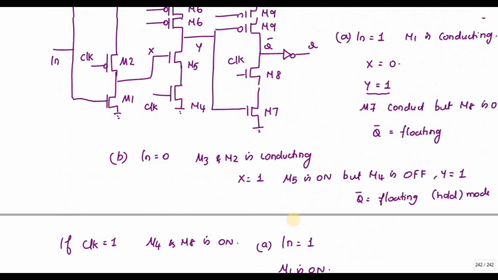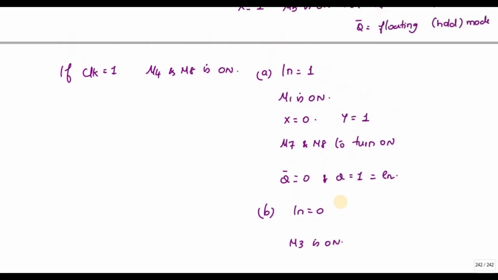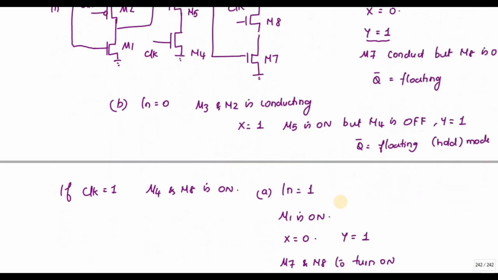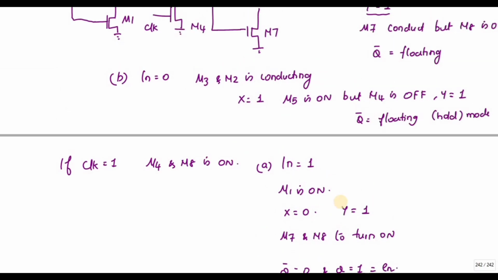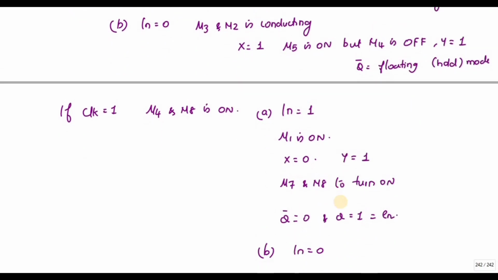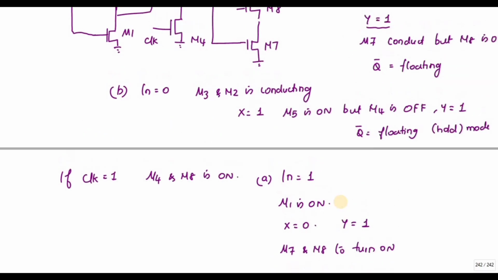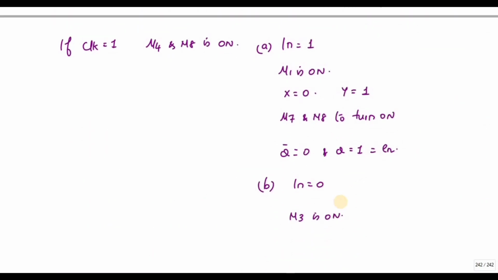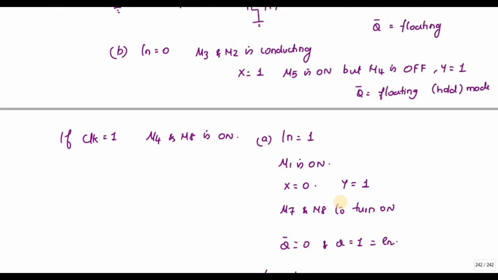So what happens when input is 0? If input is 0, M3 is on, and the clock 1 path is open circuited. What is my previous X value when input is equal to 0?